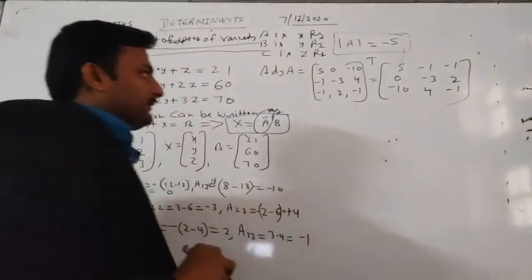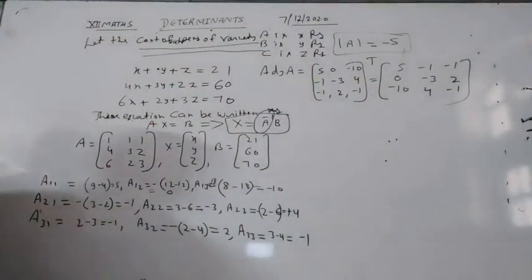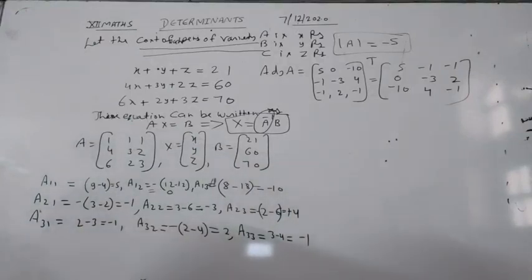Now the transpose of this: adjoint of A is 5, minus 1, minus 1, 0, minus 3, 2, minus 10, 4, minus 1. So adjoint of A is this.